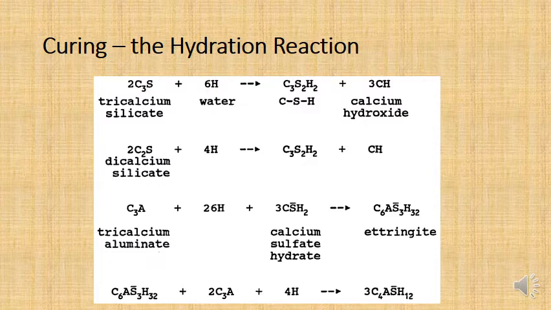The tricalcium aluminate, that's a two-step reaction. It goes first to the ettringite and then it reacts again and it forms the final product. That should tell you that if there is more tricalcium aluminate than calcium silicates in the Portland cement, the reaction is going to be slower.